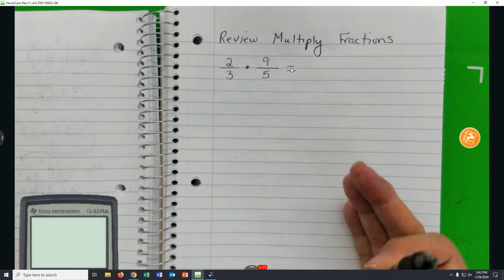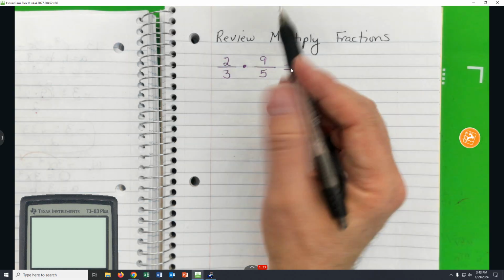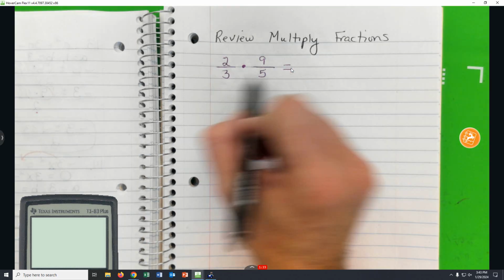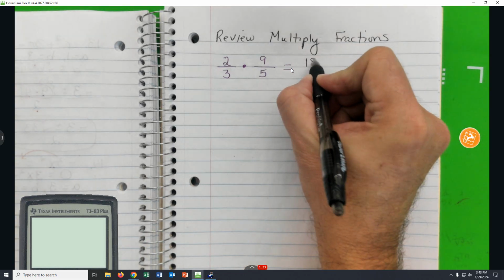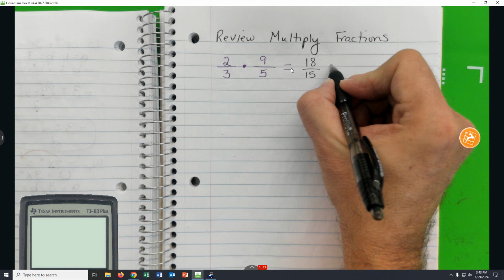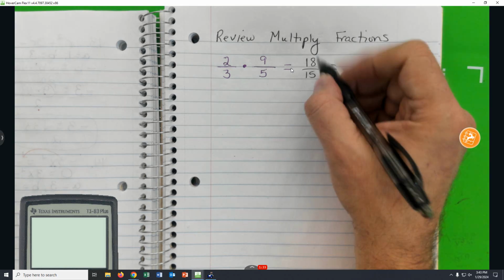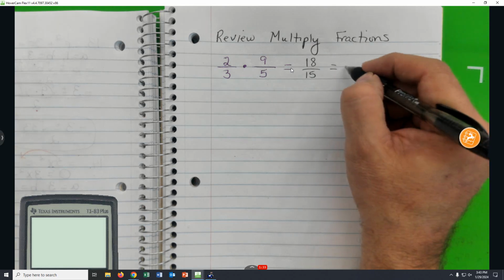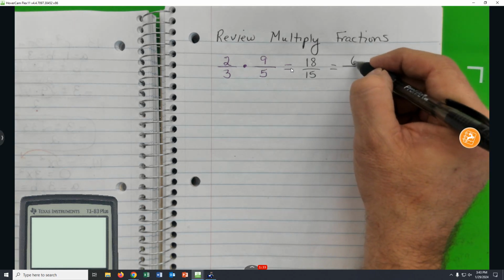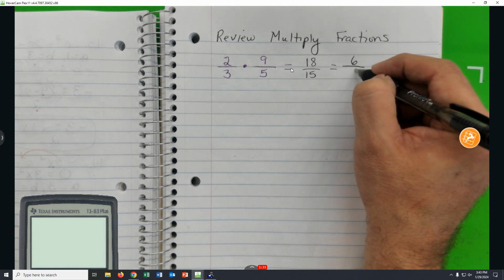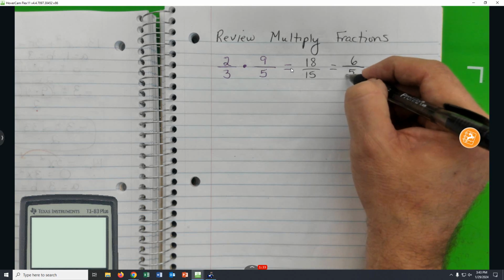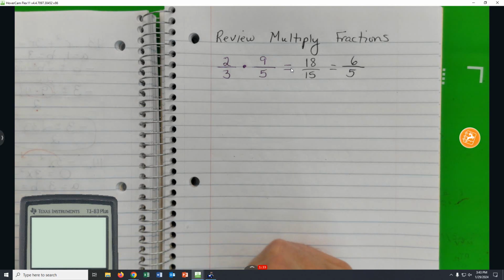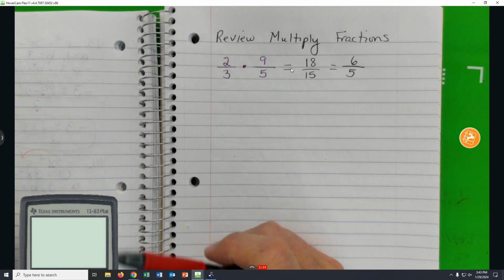There's another way you can multiply them, and that's the cross-canceling method. You can either multiply straight across, you get 18 over 15, and then you can reduce this one by dividing above and below by what? 3. So it would be a 6 on top and what on the bottom? 5. That's the basic definition. A over B times C over D is A times C over B times D.